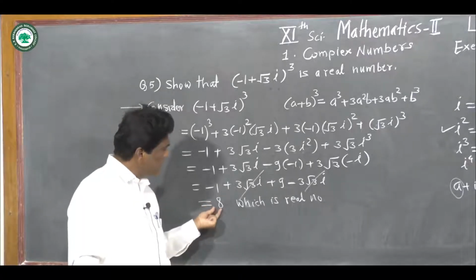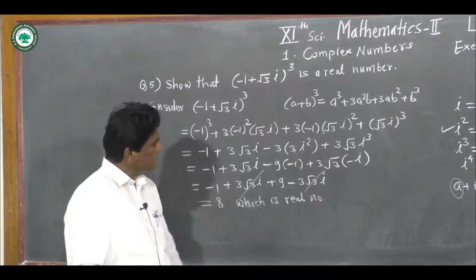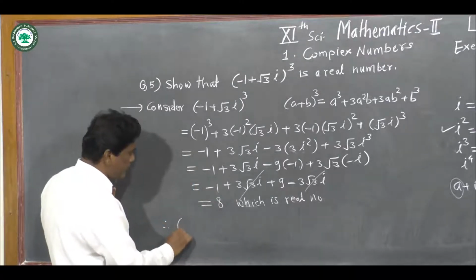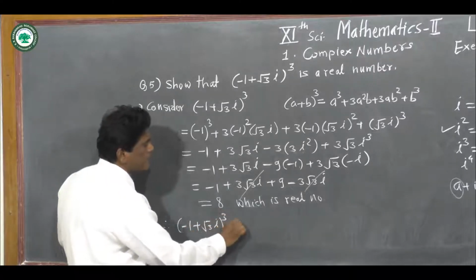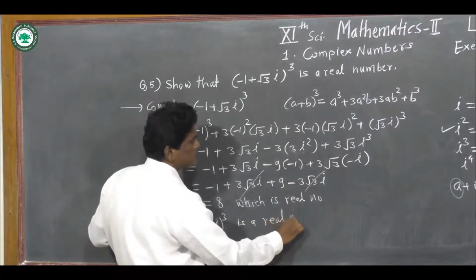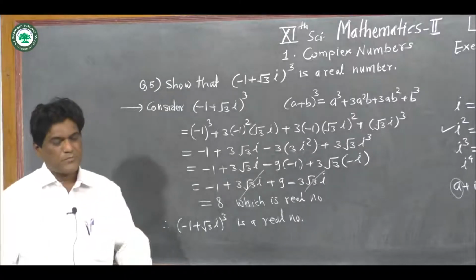So here there is no i and only 8 is present, so it is a real number, and therefore lastly we write the conclusion: therefore (minus 1 plus root 3i) to the power 3 is a real number. In this way we have completed question number 5.